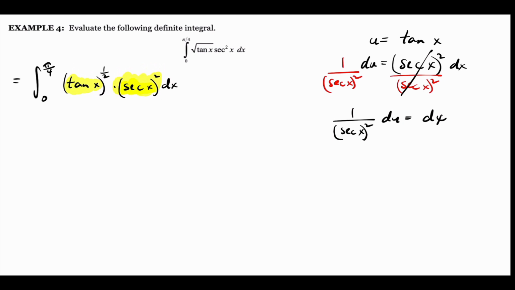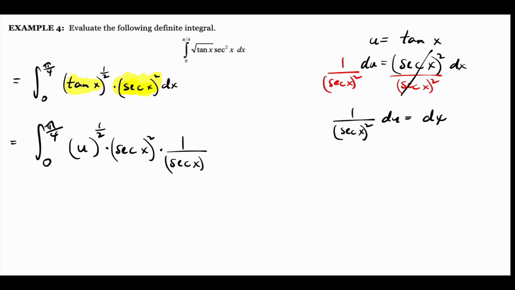Then I put back in for dx 1 over secant squared, and they'll cancel out. So tangent becomes u to the 1/2 power times secant squared of x dx. Oops, not dx. Instead of dx, put in what it's equal to: 1 over secant squared of x du.